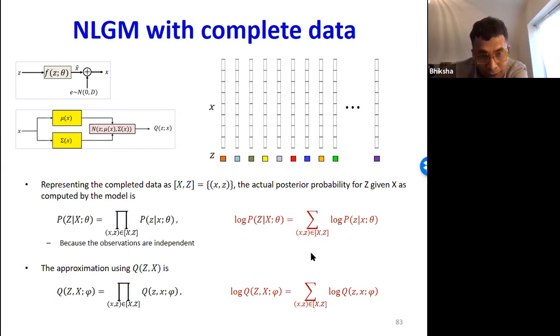So when I take a log, it's the sum over all of these columns of the completed data of the log of the probability of Z given X. So this is the true posterior probability of Z given X. The approximation is the sum over all of these columns again of the log of the Q of Z and X, that is given by this formula here, which is the Gaussian approximation to P of Z given X.